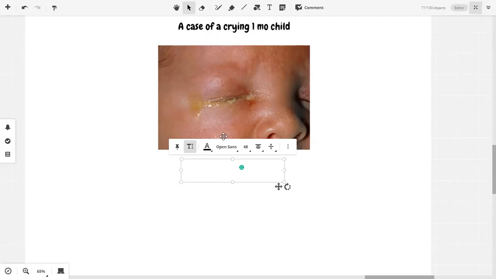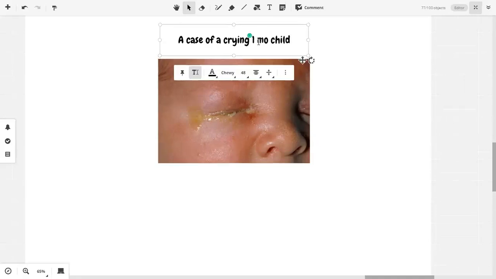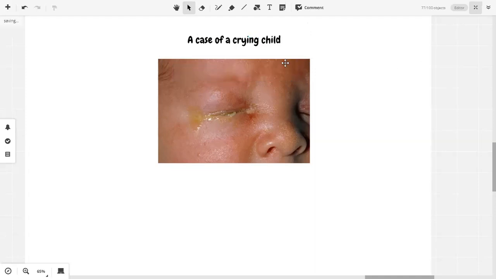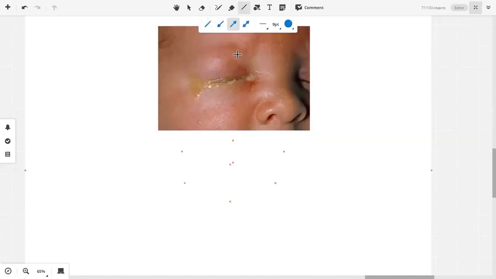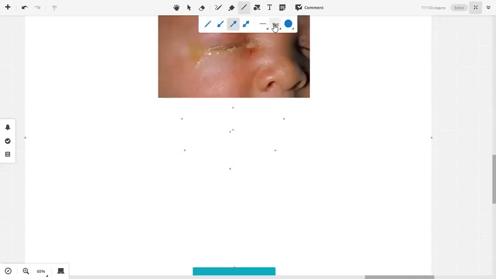Now, coming on to this case. Classically, the definition used for neonatal conjunctivitis and ophthalmia neonatorum has an age limit of 1 month. But let's just say we have 2 cases. This child is presenting to you with discharge in the eyes.